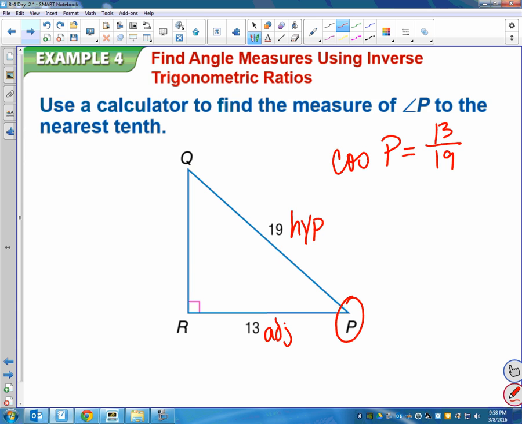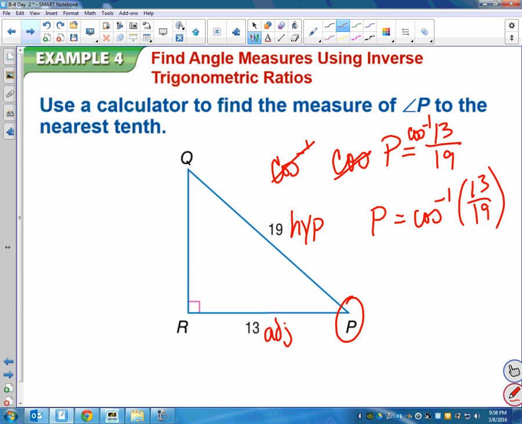But unlike yesterday's homework, we're trying to get P by itself, right? So we can't just divide by cosine, but I can take the inverse cosine of each side. You don't have to show me that step each time, but I want to show you that when you do that, that cancels out, and I get P, and then over here, I'm going to do inverse cosine of 13 over 19.